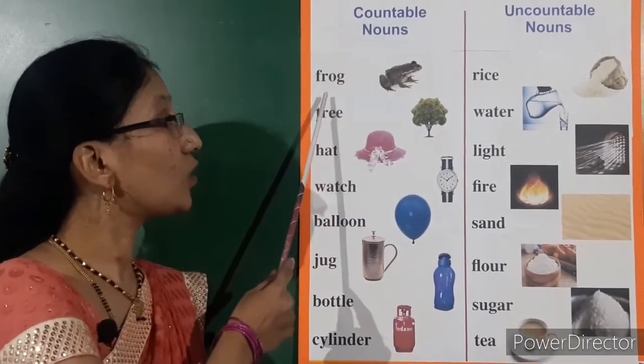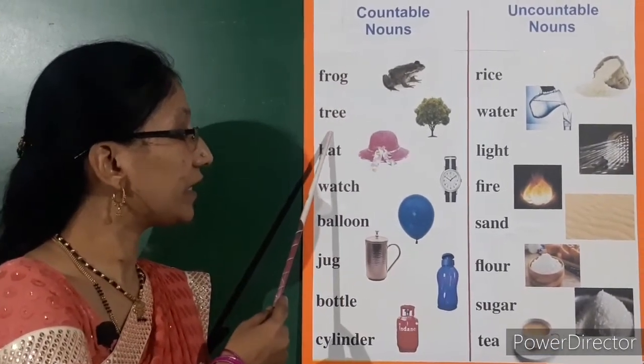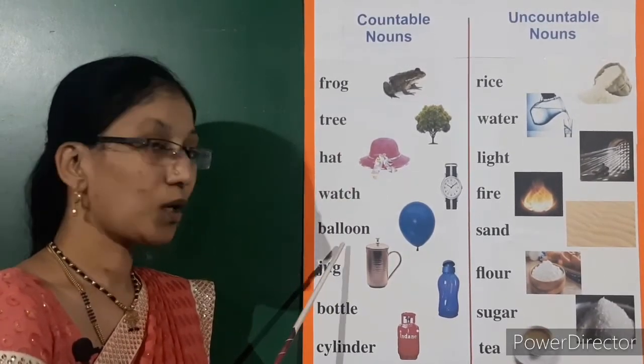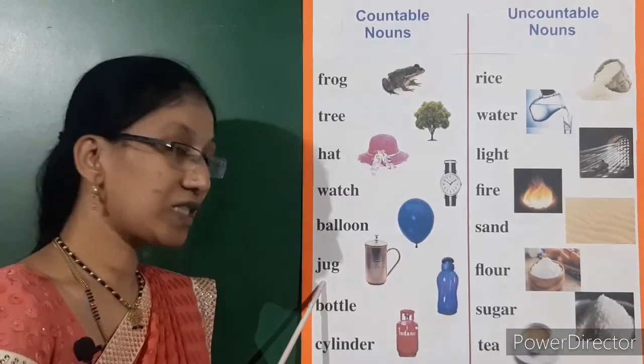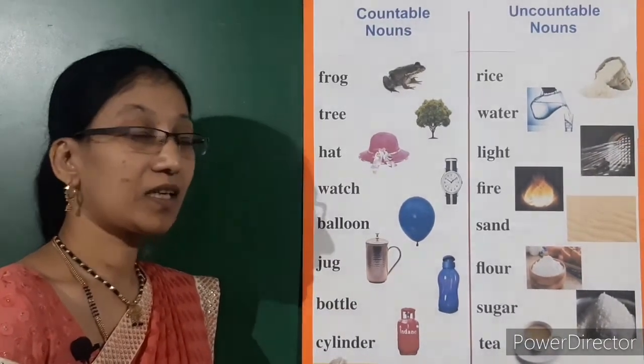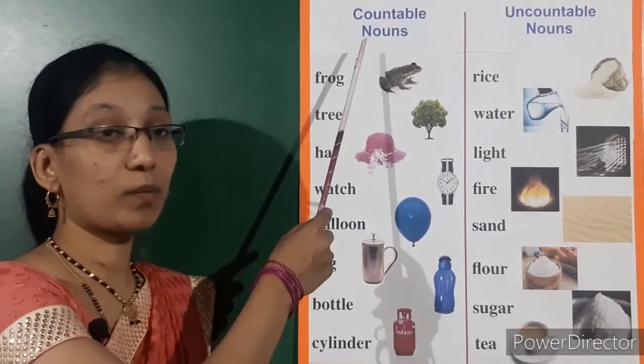Countable nouns: frog, tree, hat, watch, balloon, jug, bottle, cylinder. These are countable nouns.